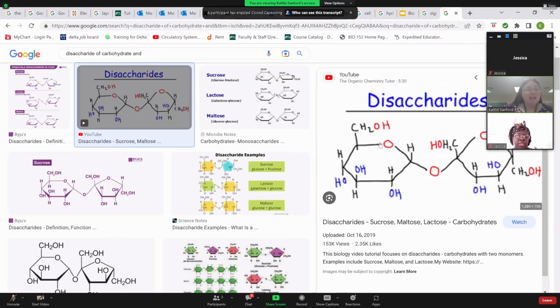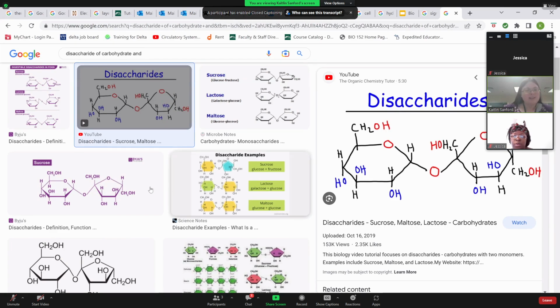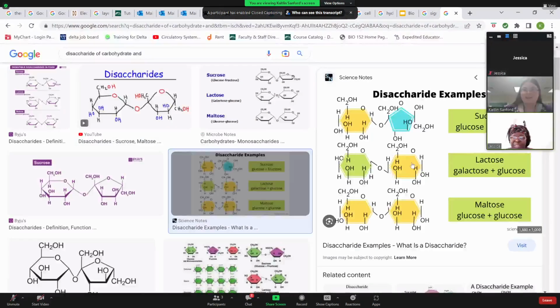Okay, so these are disaccharides. What can you tell me about this? They have two rings. Yeah, okay, the two rings.